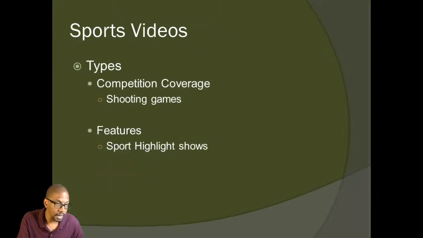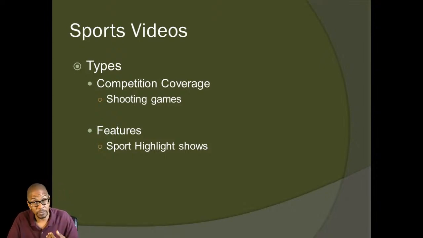Okay. Now, when we talk about sports in the sense of competition coverage, that is a totally different thing. That is when you've got the NFL on Fox or Monday Night Football or whatever. With competition coverage, that's when you have all the cameras, all the angles.